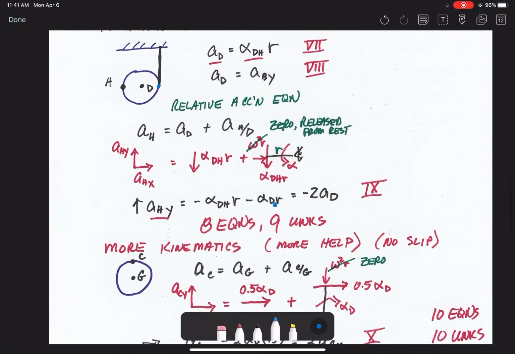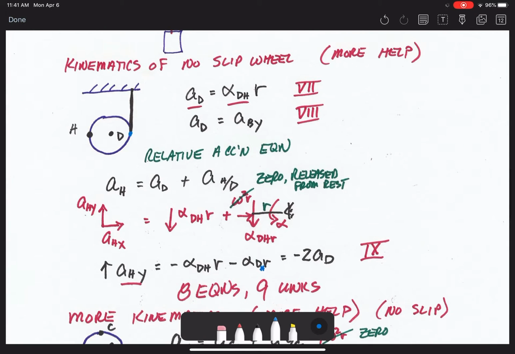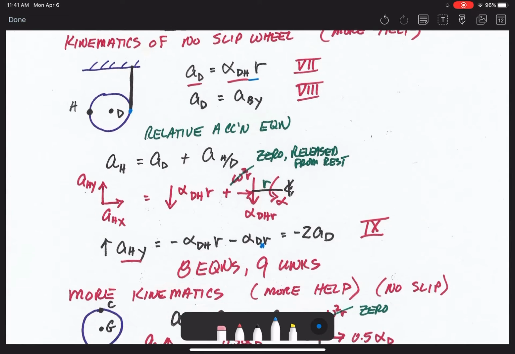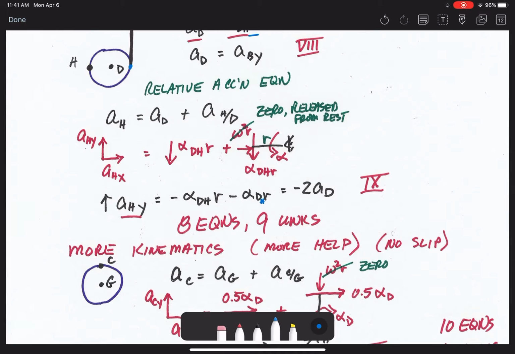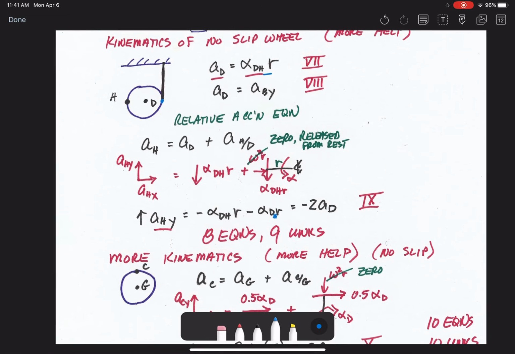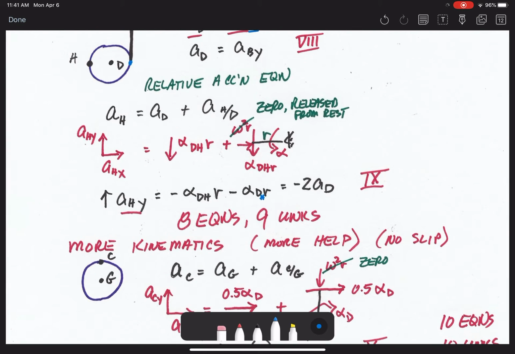Because alpha DH r equals AD, AHY equals negative 2 AD.